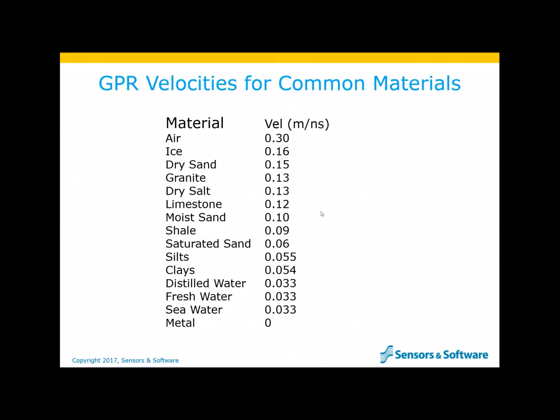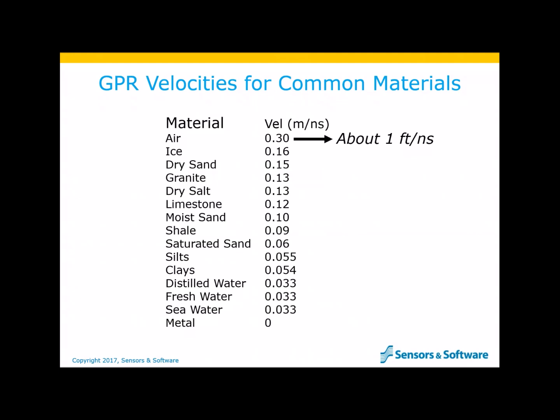GPR signals in air travel at the speed of light. 0.3 meters is 30 centimeters, or about 1 foot. So it's handy to remember that the speed of light is about 1 foot in 1 nanosecond. We're going to use this later in this webinar, so keep this tucked in the back of your mind. Speed of light is 1 foot in 1 nanosecond.